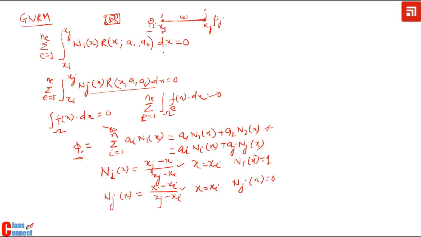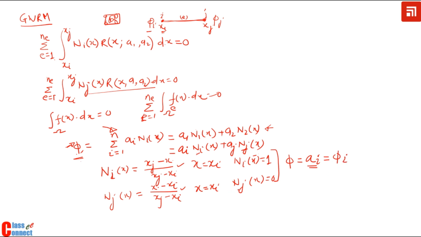It means when we talk about this node and we try to evaluate our interpolation function, our field variable phi, I get this as 1 and this as 0. And what does it mean? That phi in this case, this condition will give me phi is equal to ai, and ai is nothing but the value of phi at node xi, which is equal to phi i.